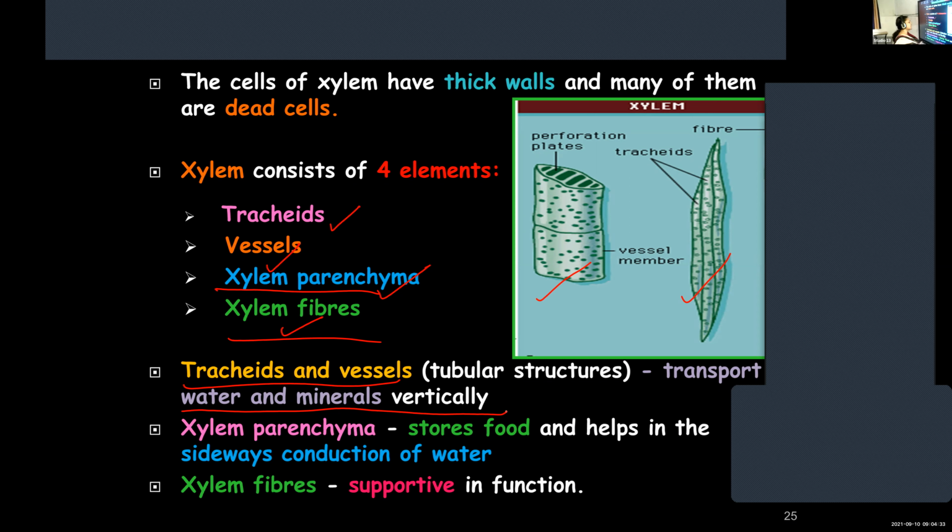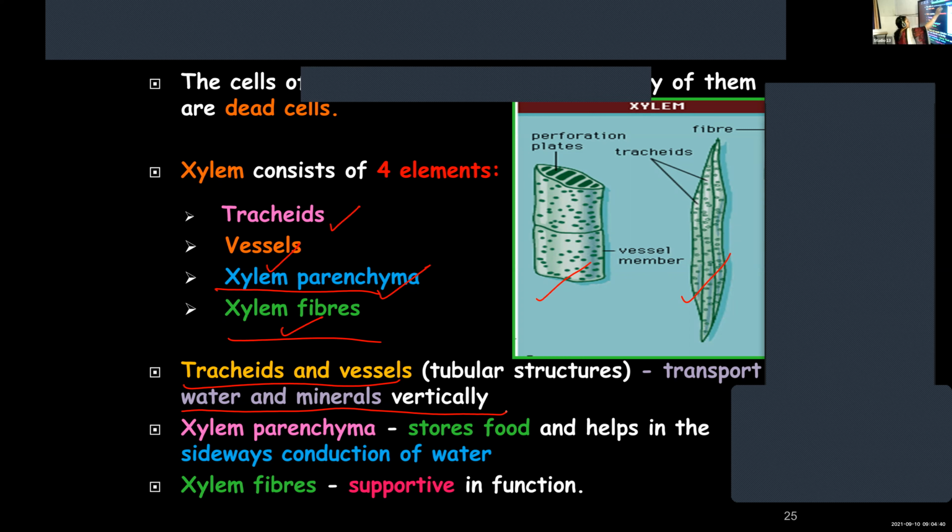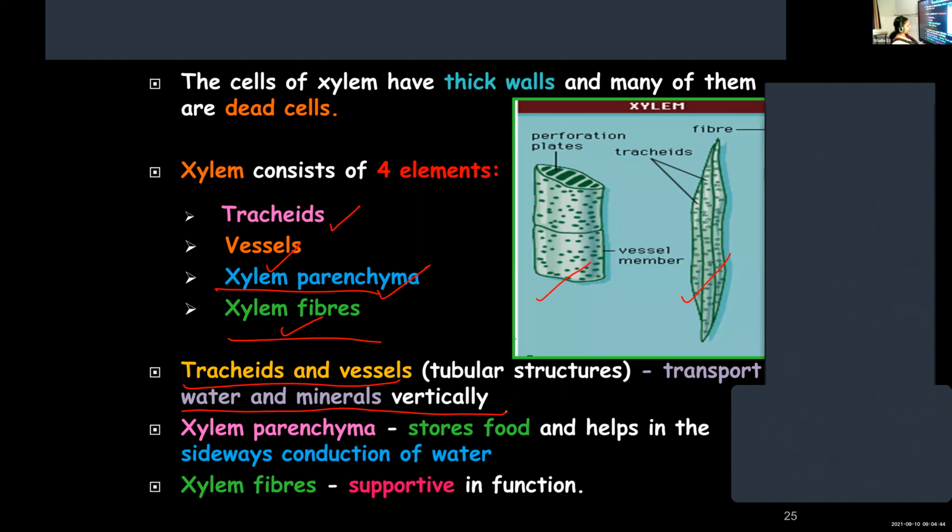Whereas xylem parenchyma stores food and helps in transporting water in the sideways direction. Xylem fibers are supportive in function.